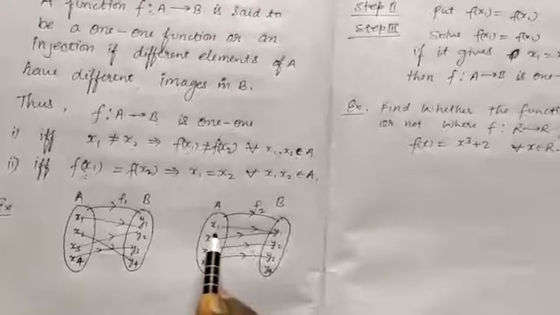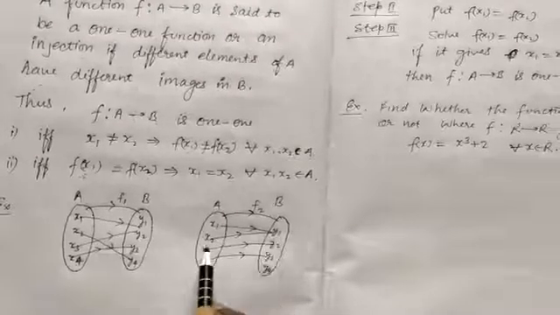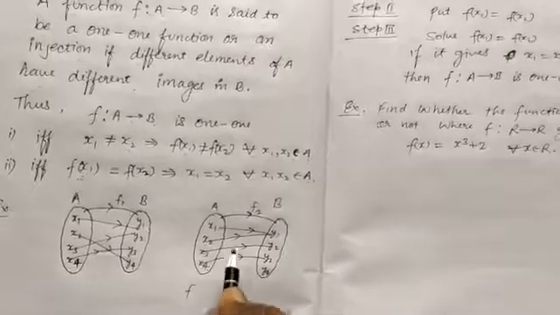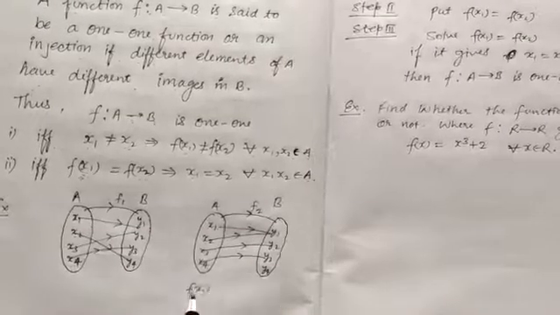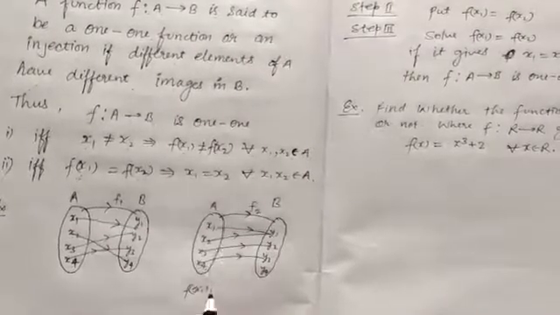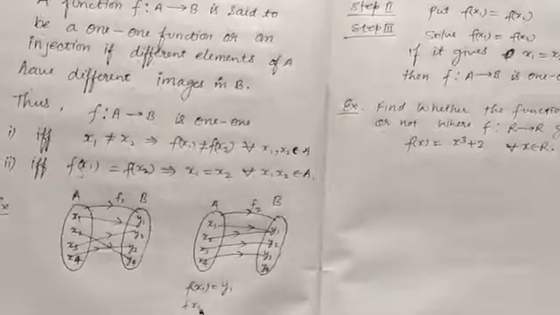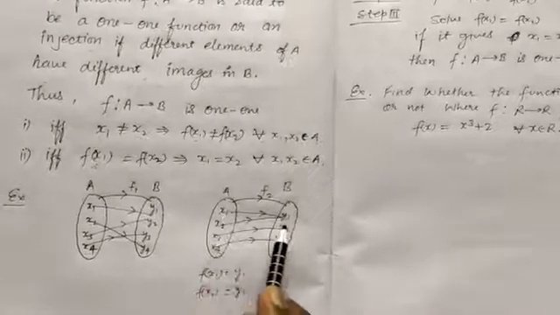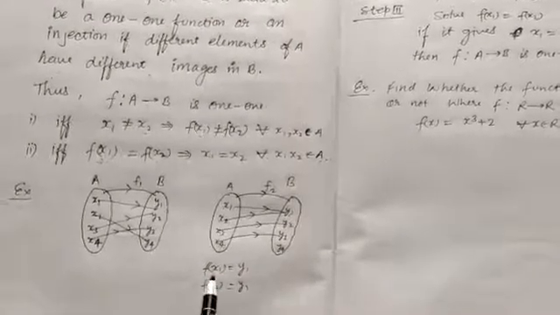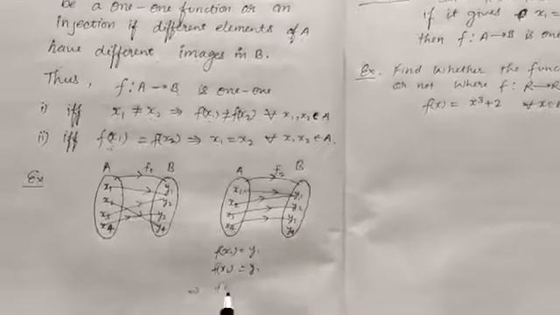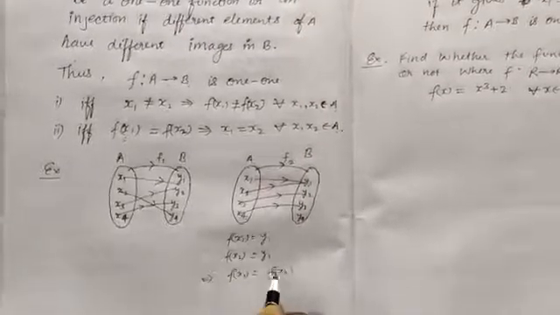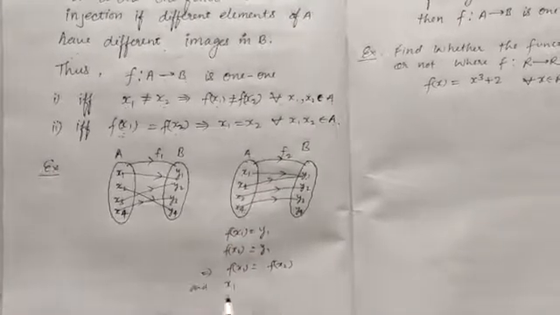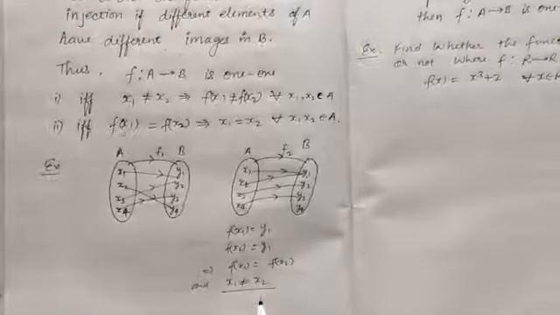Now see here, x1 has image y1 and x2 also has y1. So the value of f(x1) is y1 and the value of f(x2) is also y1, because two elements have the same image. So f(x1) equals f(x2), but x1 is not equal to x2 because x1 and x2 are different elements.